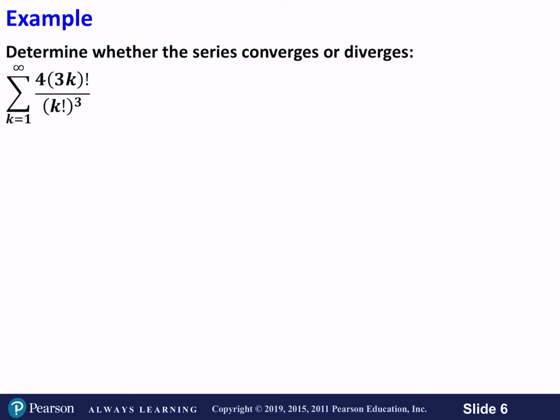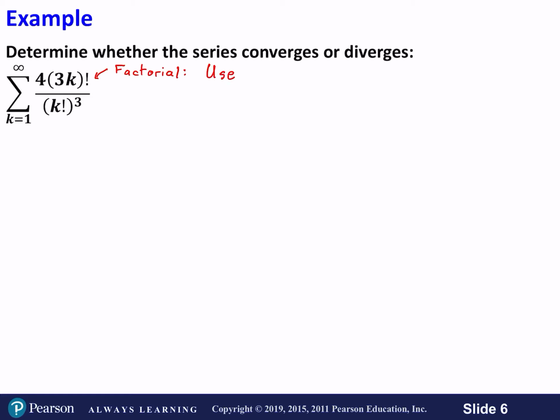The first series that we're trying to determine the convergence or divergence of is the sum from k equals 1 to infinity of 4 times (3k) factorial divided by (k factorial) cubed. So this at first can seem a bit intimidating, but it's really not too bad whenever we notice the fact that there is a factorial here. And since there is a factorial, that tells us that we should use the ratio test.